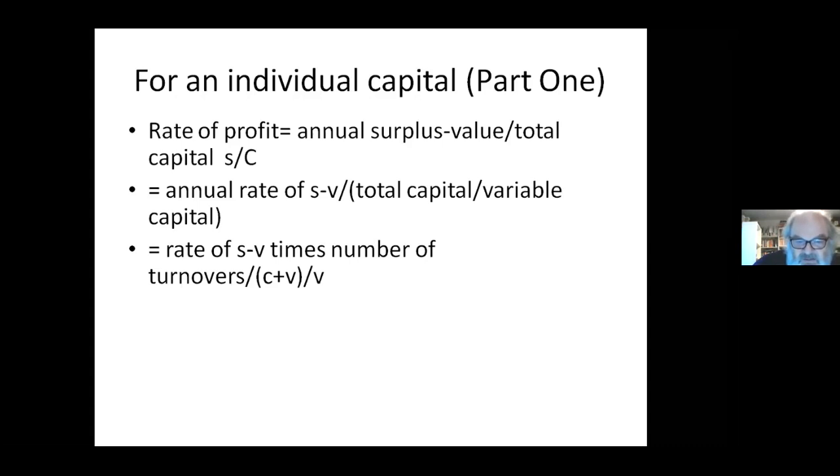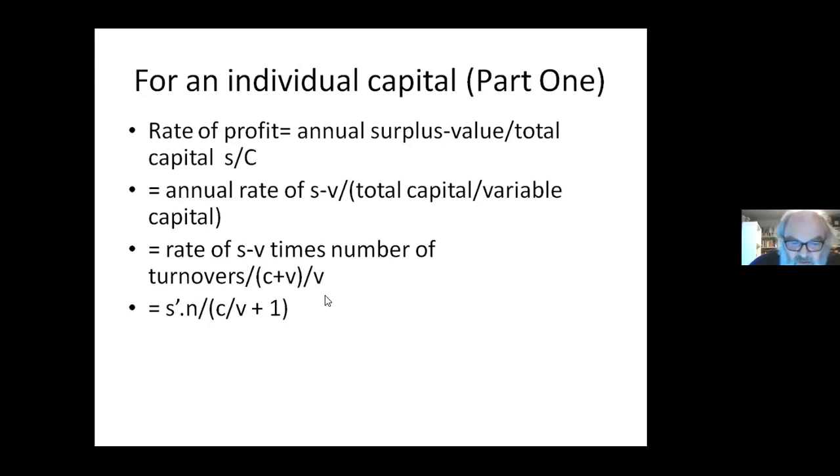That's the top of the division, and the bottom of the division is this C plus V over V, the total capital over the variable capital. Marx's notation again. When we divide C and V each by V, we get C over V plus 1.